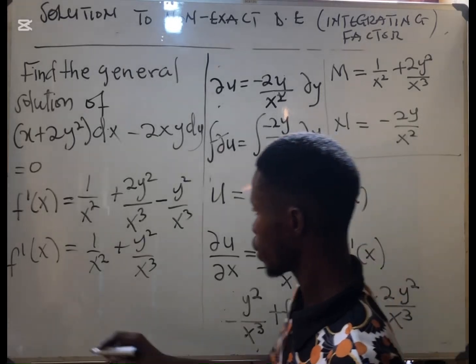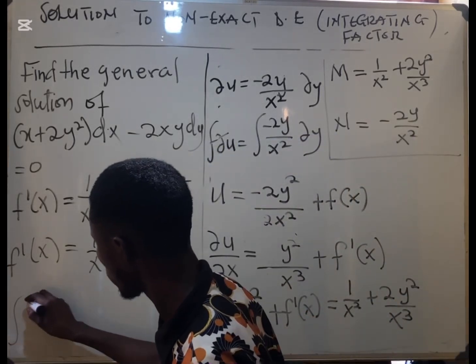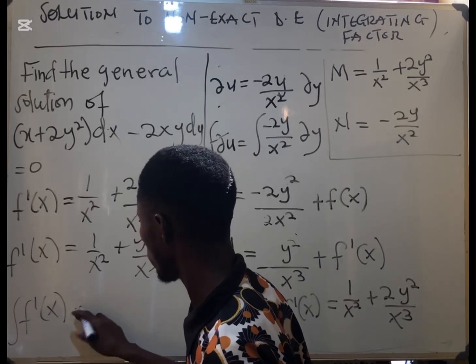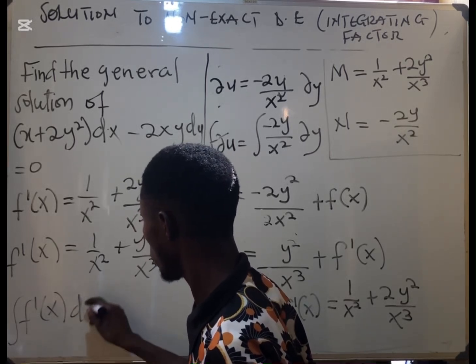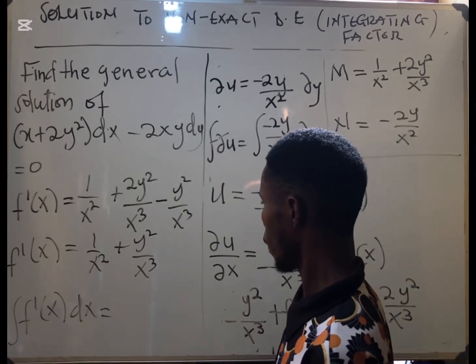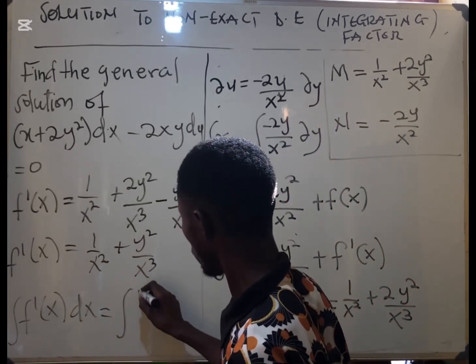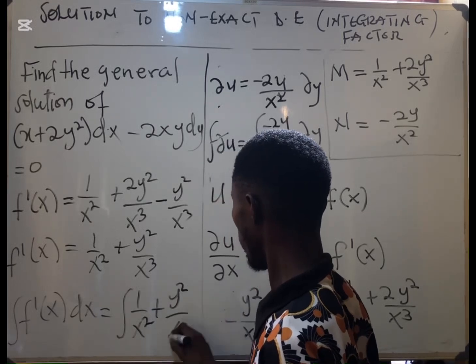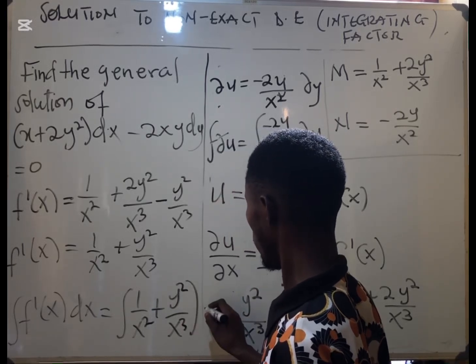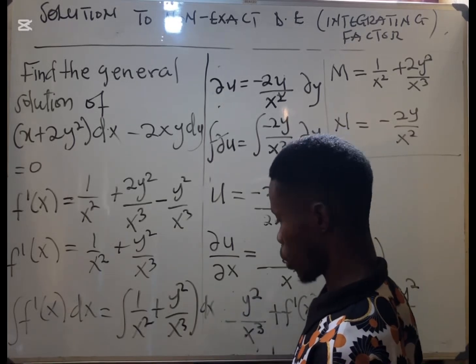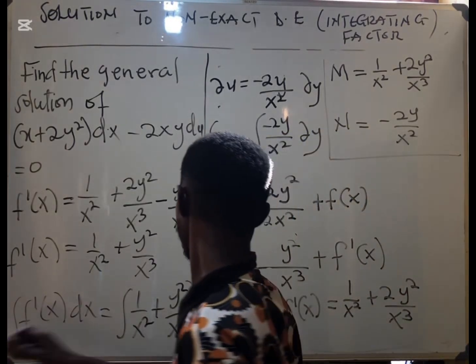Now you take the integral on both sides so that the prime can go. So the integral of 1 over x squared plus y squared over x cubed. So we are doing it with respect to x.